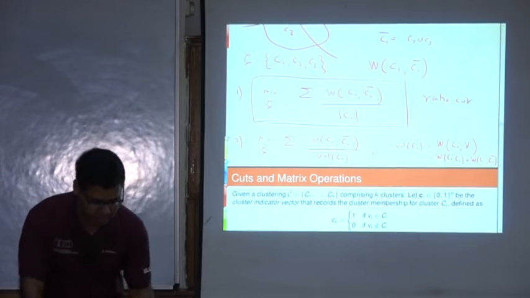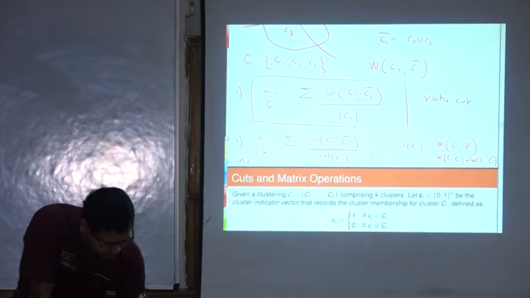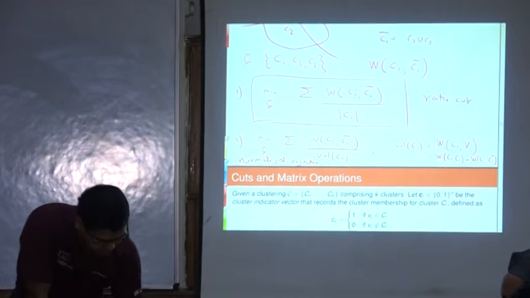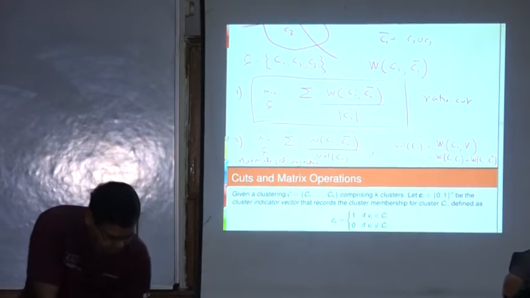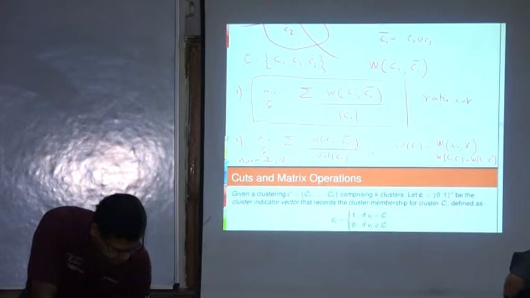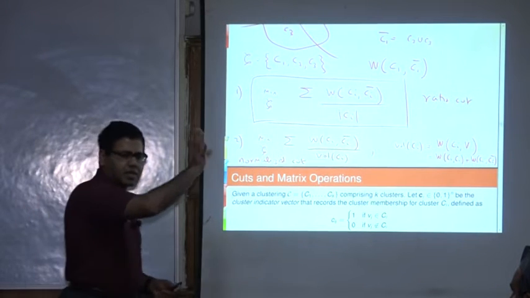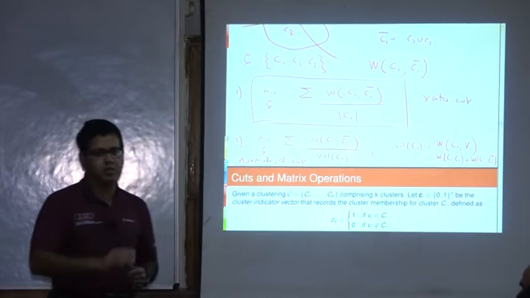So this is called the normalized objective measure, or normalized cut. Okay, there are many other things you can do, but let's just start with these two.